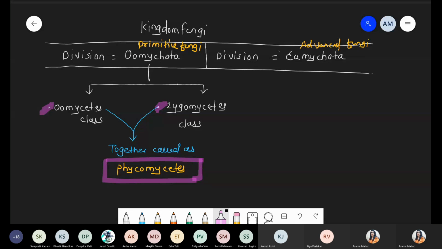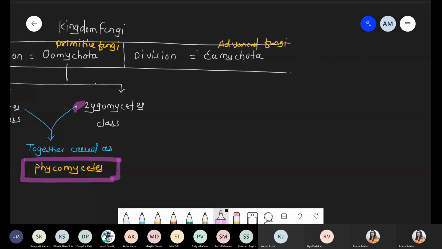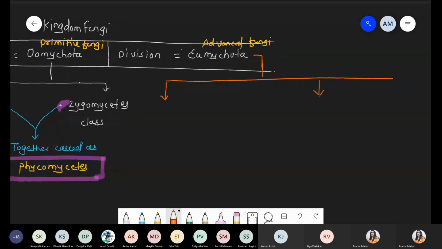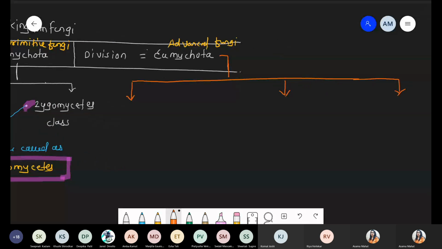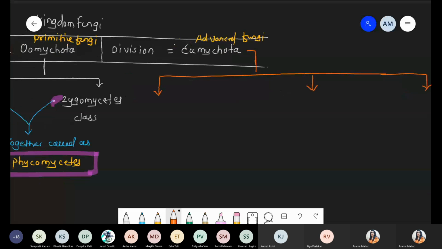Now another part, advanced fungi. This advanced fungi, Eumycota, divides into a total of 3 classes, which are the most advanced. First one under the advanced fungi, that is Deuteromycetes, imperfect fungi. Deuteromycetes class.